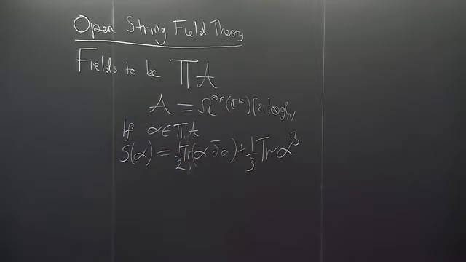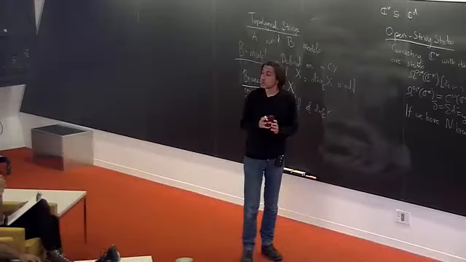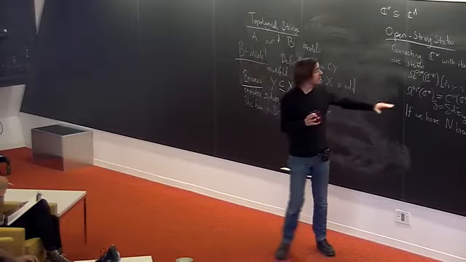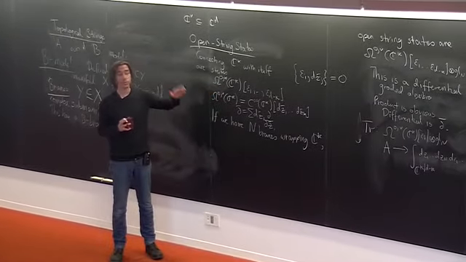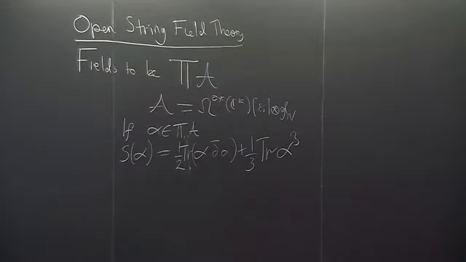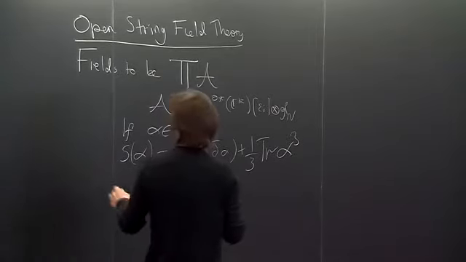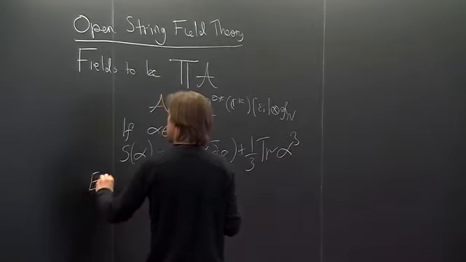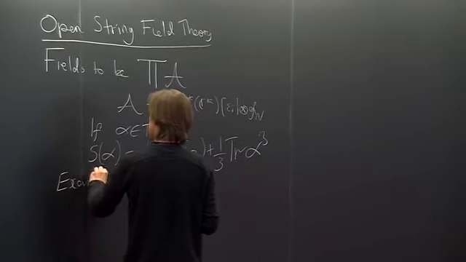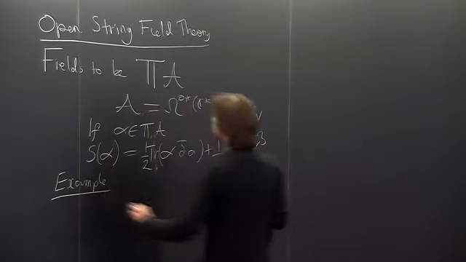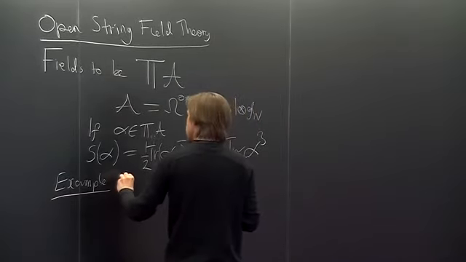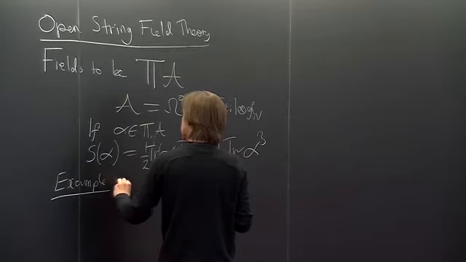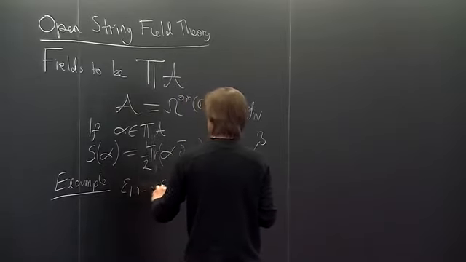What's pi? Pi is parity reversal. So in this algebra, fermionic elements of this algebra will correspond to a bosonic field. So for example, in this open string field theory, because of this parity reversal, you can take epsilon 1 up to epsilon d minus k.